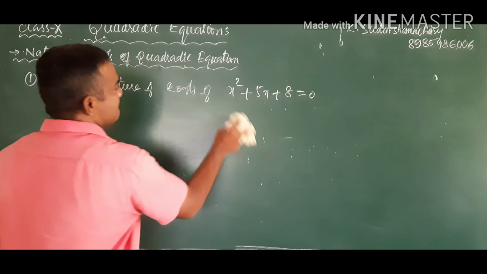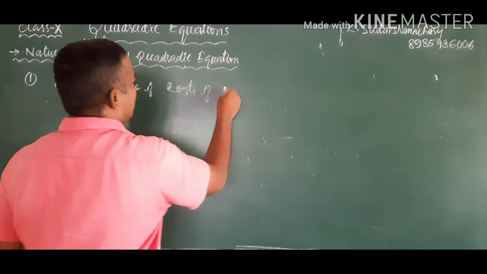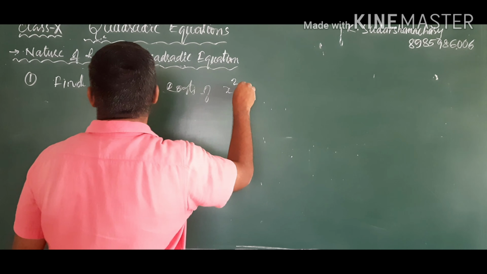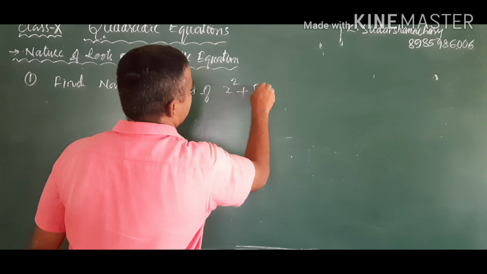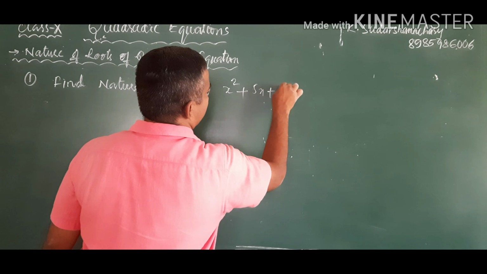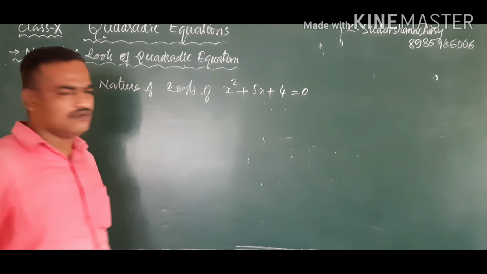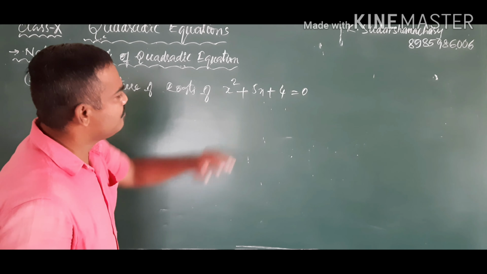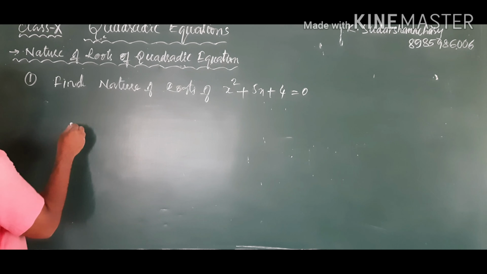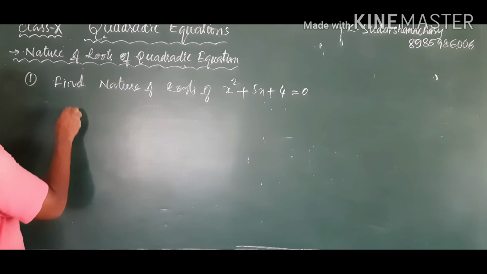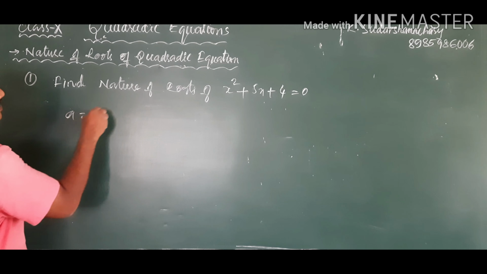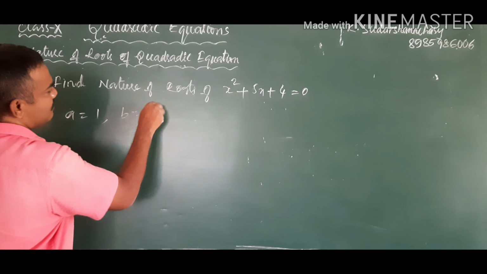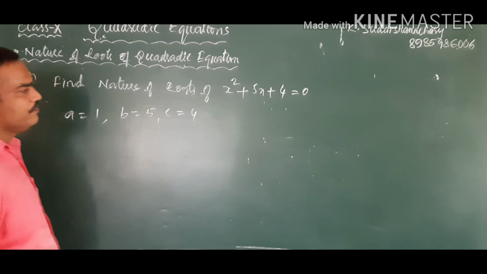See, taking one more example. Find the nature of roots of x² + 5x + 4 = 0, and see what type of roots we are getting here. First, a = 1, b = 5, c = 4.